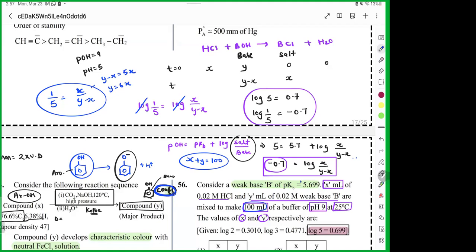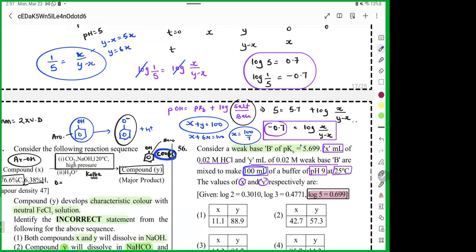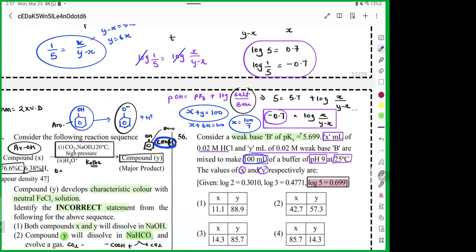Right? You can put the value. X plus Y: what is the Y value? 6X. So 7X is equal to 100. What will be the X value? 100 by 7, around 15. Done?